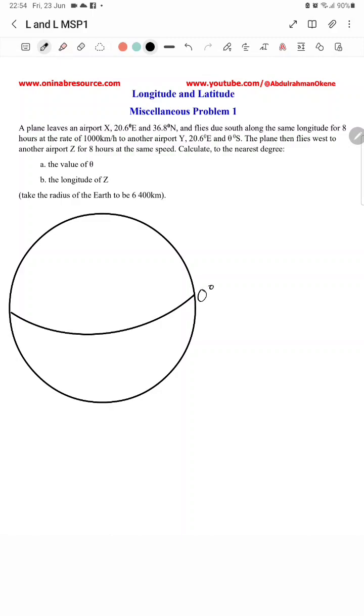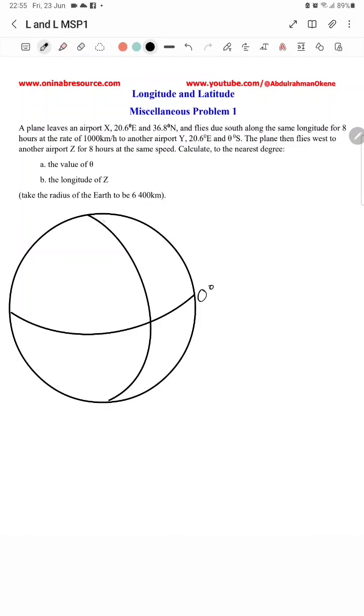We cannot say north or east. This time we need to get the longitude: 20.6 degrees east.